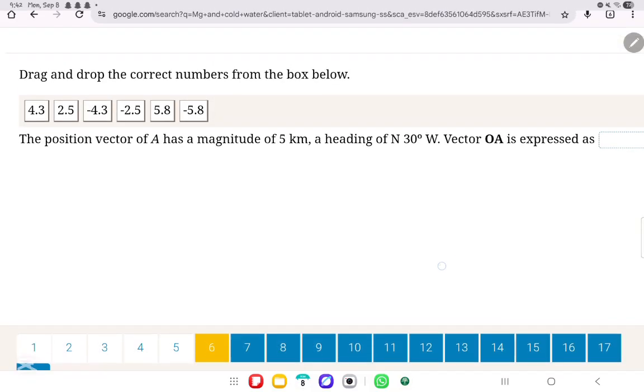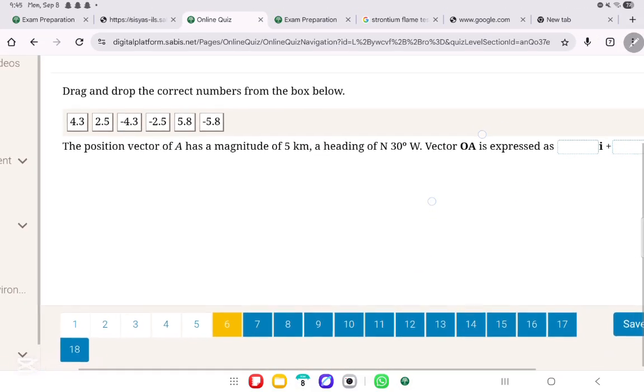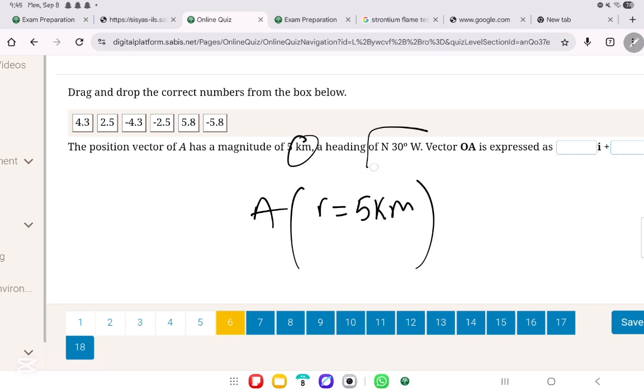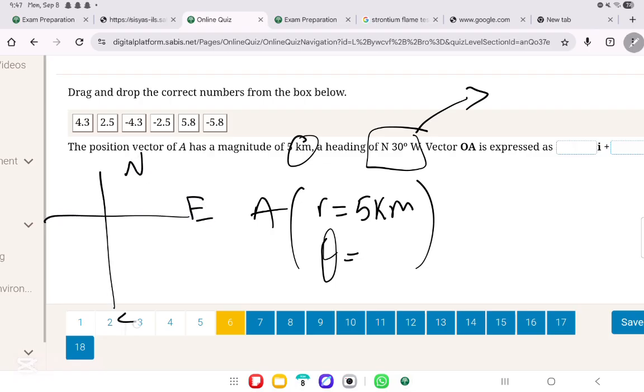Now, the position vector of A has a magnitude of 5 kilometers. So r is equal to 5 kilometers. And now we need to find theta, because they give us the polar coordinate. So now we need to plot this. We have north, east, south, and west, right? So now what do we draw? We draw the angle. It's north, 30 degrees west.